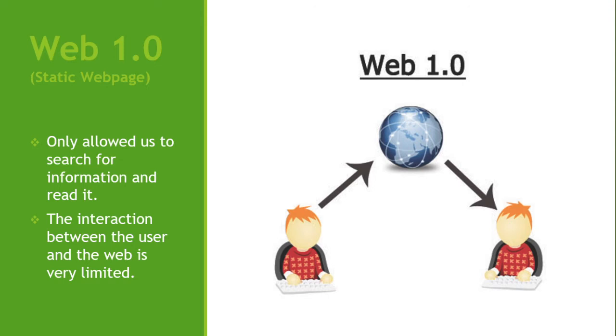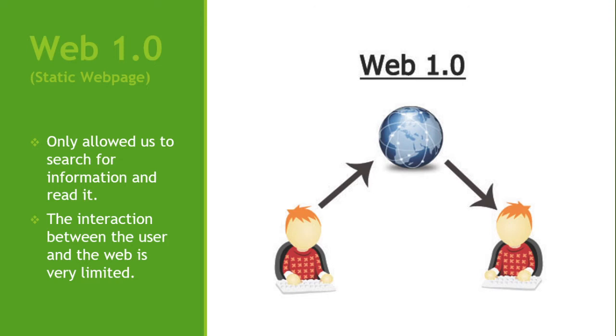So maybe finding some articles or finding some news about something in Web 1.0. So wala pa pong social interaction, wala pa pong Facebook, wala pa pong social media before. It is just used to read some information. So yun po si Web 1.0.